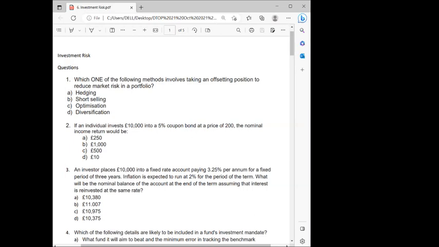We discussed a similar question before. So the obvious answer is hedging, right? We are taking the offsetting position in the portfolio to meet the gap. Unfortunately, in the given answers, I can see out of 7 responses, only 3 people have given the correct answer. The answer is hedging. A. Right. So let's go to question number 2.